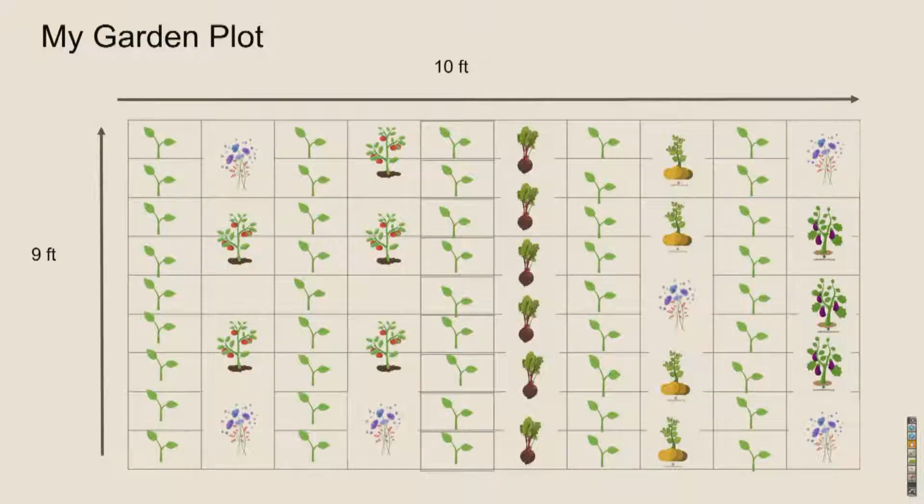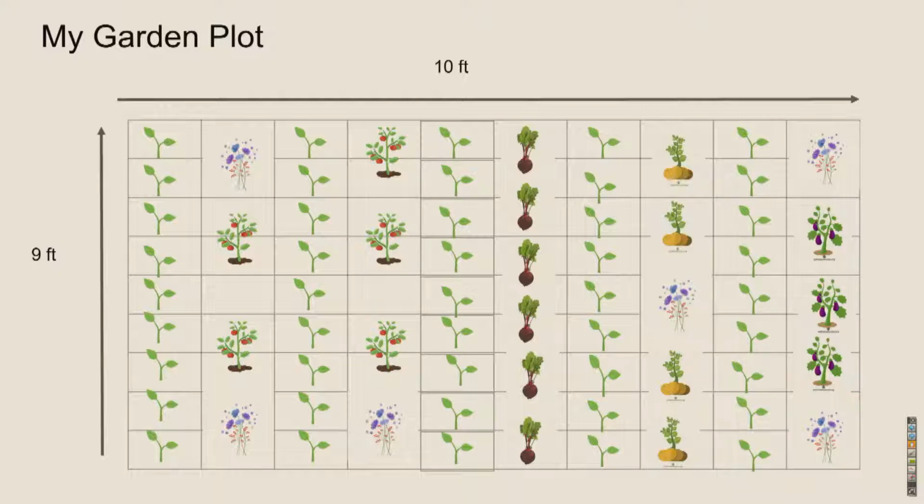So here I started thinking about, if I do square foot gardening, have you heard of square foot gardening before? No. Square foot gardening is a really great way to grow a lot of food in a very small space. And so I broke this up into a grid that is 9 foot by 10.